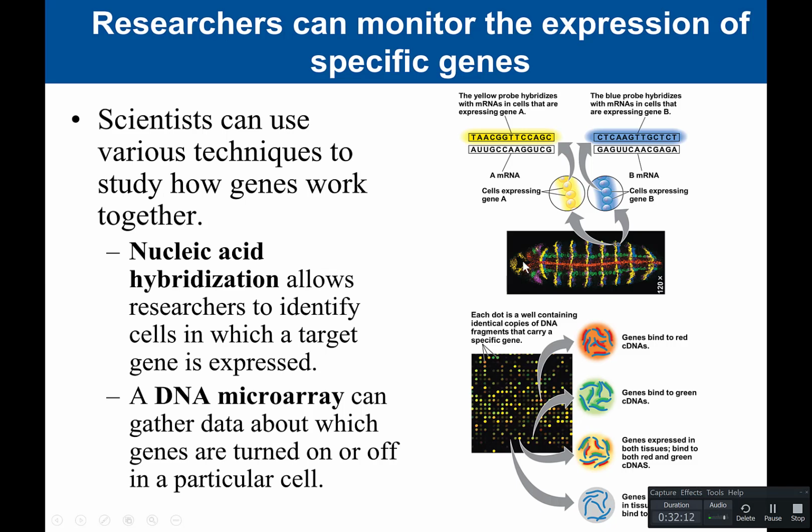What you're looking at here is what's called nucleic acid hybridization, or in situ hybridization, as you'll also hear it called. It allows researchers to identify cells in which a target gene is expressed. And so we use these probes, these mRNA probes that recognize particular mRNAs.